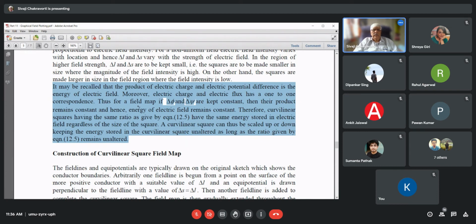Therefore, if we have a field map and if del psi and del phi are kept constant, their product will remain constant and therefore the energy of the electric field remains constant. So what does it mean? The curvilinear squares having the same ratio as given by equation 12.5, that means del L by del S, will always have the same energy stored in the electric field regardless of the size of the electrode.